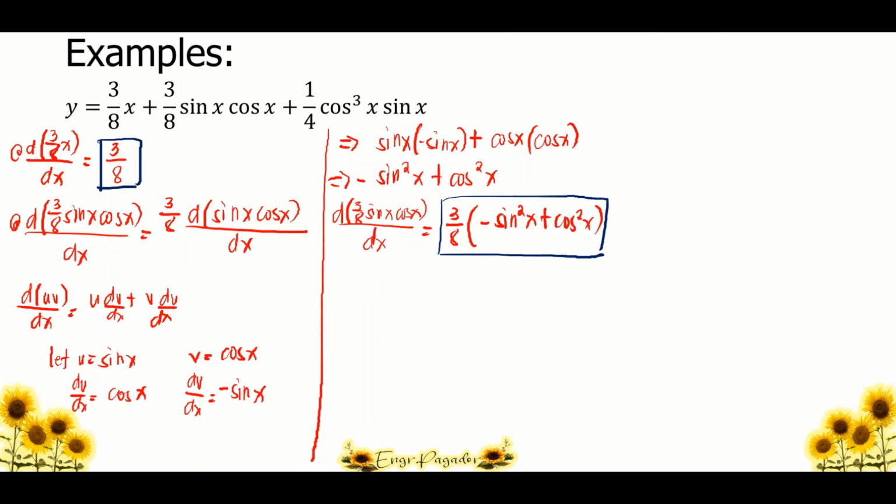Now, we are going to get the derivative of our third function. So, in getting the derivative of 1/4 cosine cube x sine x with respect to x, so factor out natin si constant and we get the derivative of the function, which is si cosine cube x sine x with respect to x.